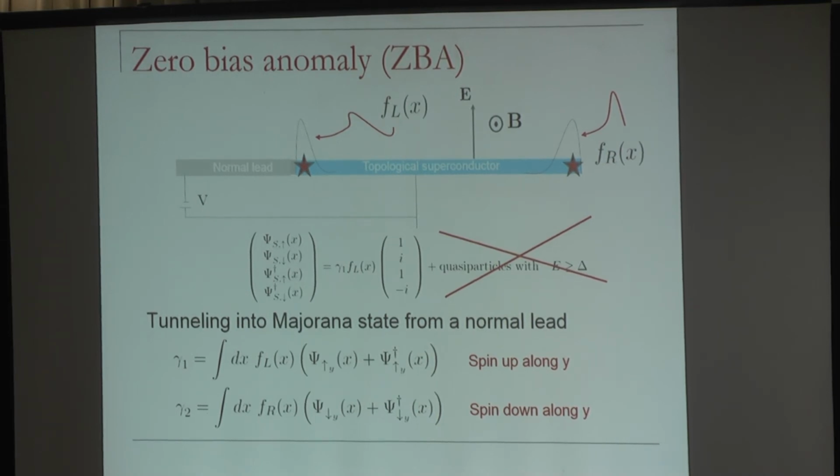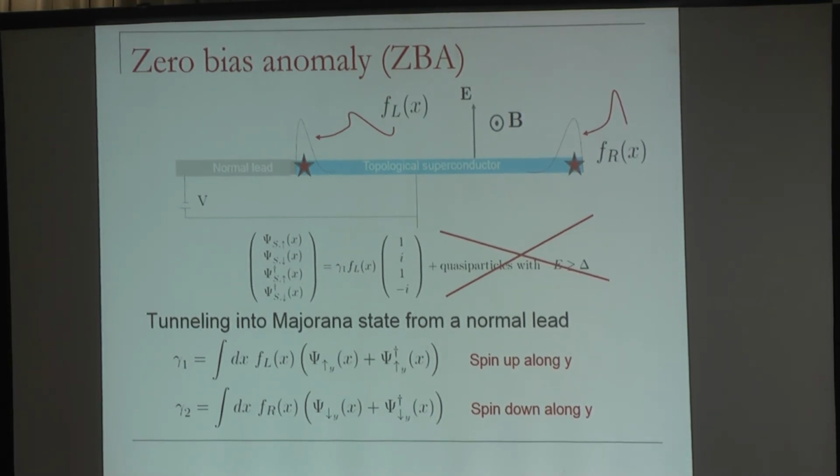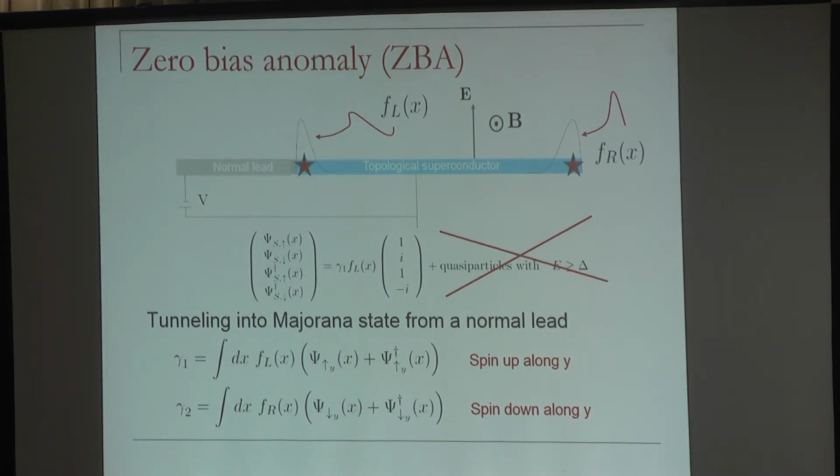Yeah, so you can then apply a voltage here and study the current voltage relation or the conductance for tunneling into this topological superconductor. And the modeling of that will be such that at low voltage, we can basically get into this superconductor only through this Majorana state. Because there is a gap, you cannot reach these high energy quasi-particles if you come in with very low energy. And so the electrons, this is the spinor in this topological superconductor portion, will be projected down to this Majorana sector.